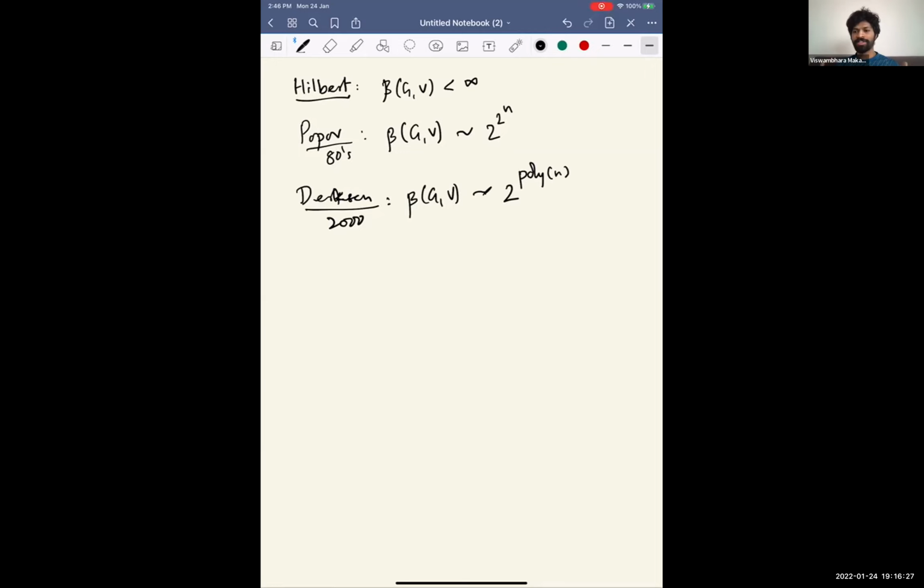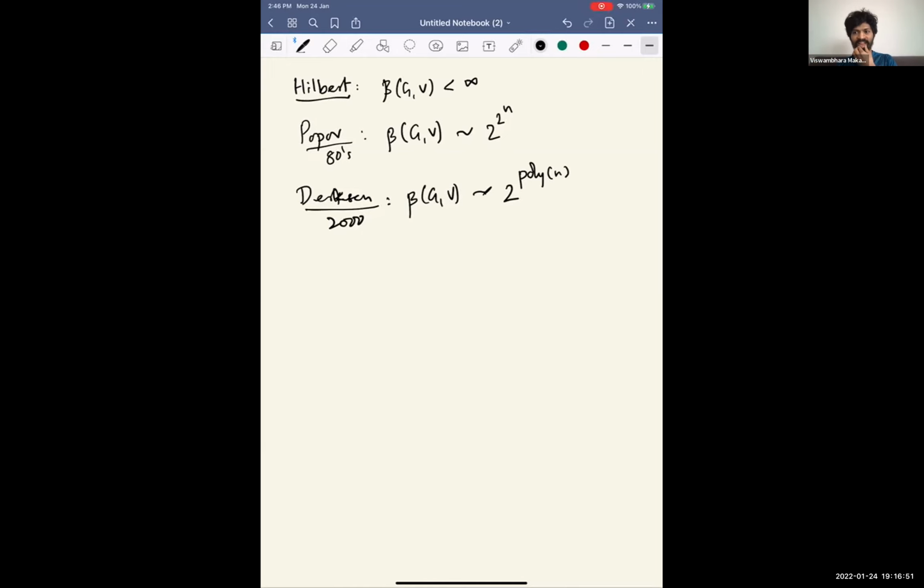So you want to capture these generators of invariant rings. You want to be able to write down these polynomials as circuits, formulas, whatever it is. And these polynomials have degrees. If that degree is 2 to the 2 to the n, you couldn't do it with a polynomial size circuit, whereas if it is 2 to the poly n, it might be possible to do it with a polynomial size circuit.